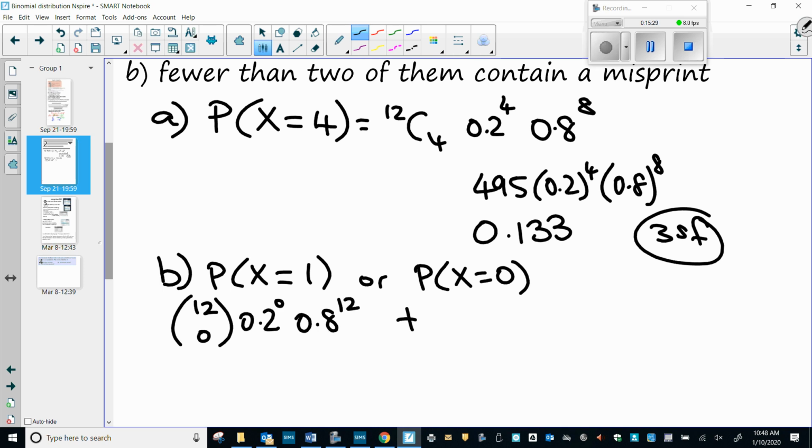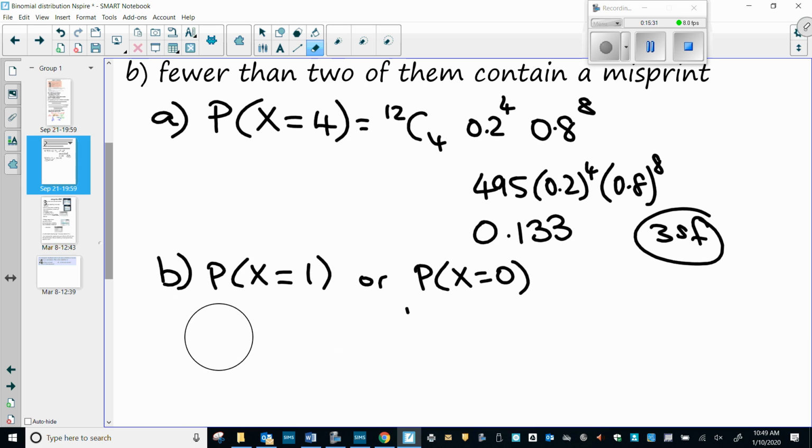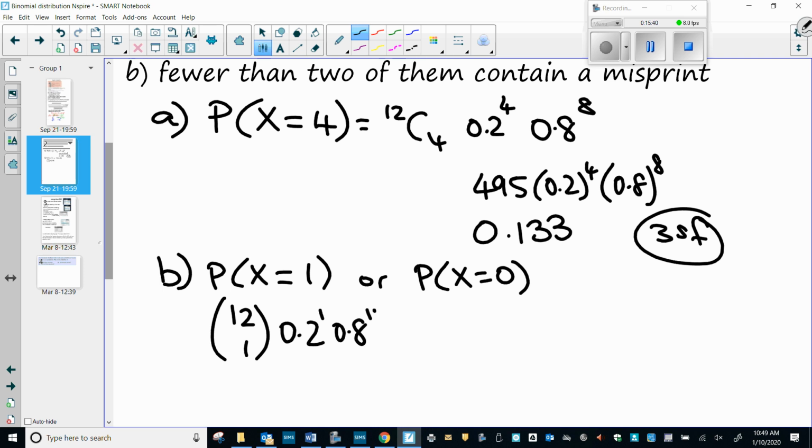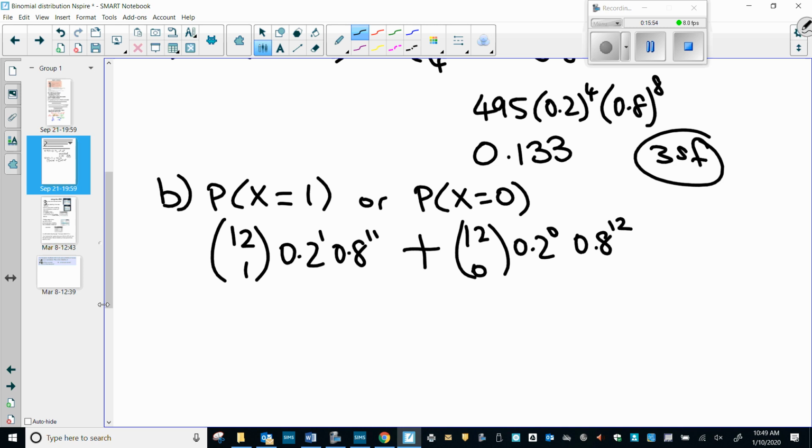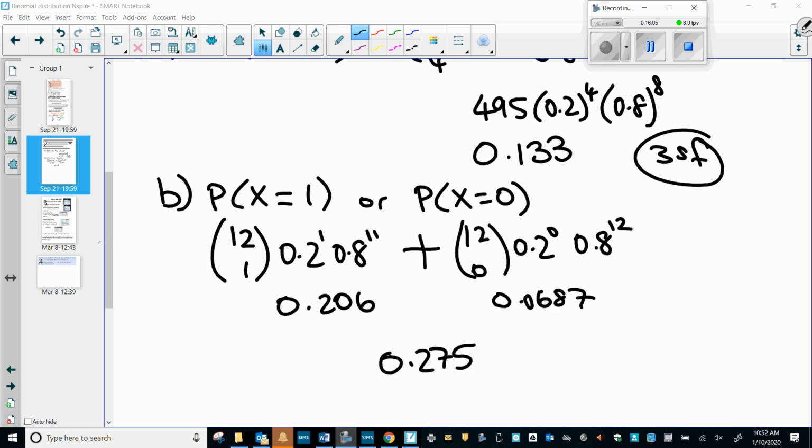Or actually, they're the other way around. 12 C 1, 0.2 to the 1, 0.8 to the 11, plus 12 C 0, 0.2 to the 0, 0.8 to the 12. Okay, so they are our two values, and then this is our final answer.